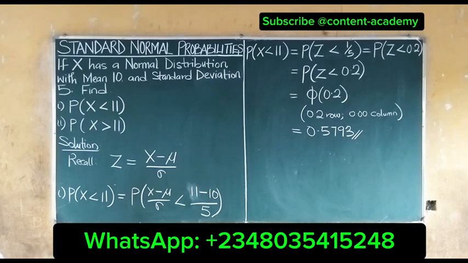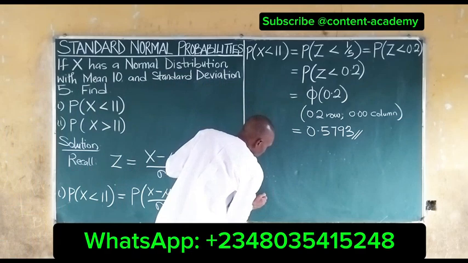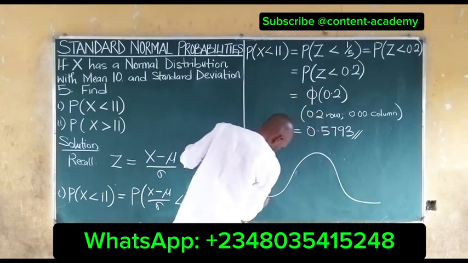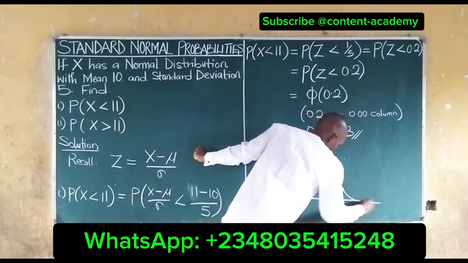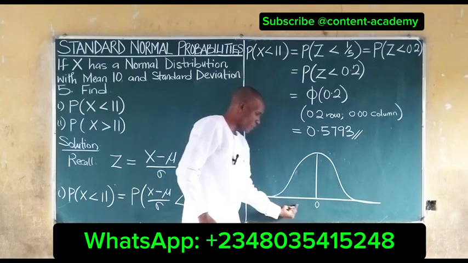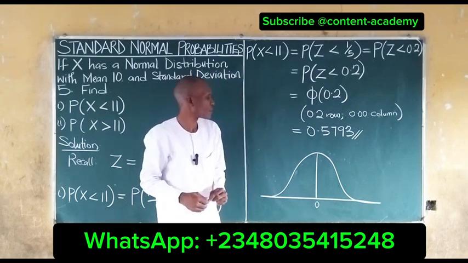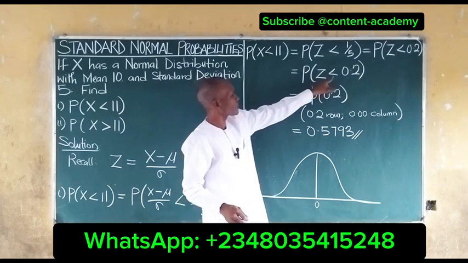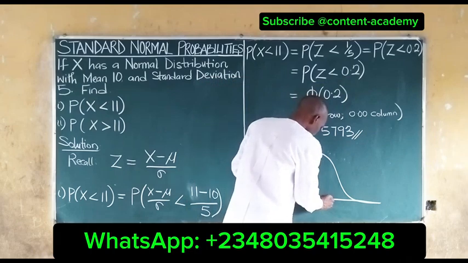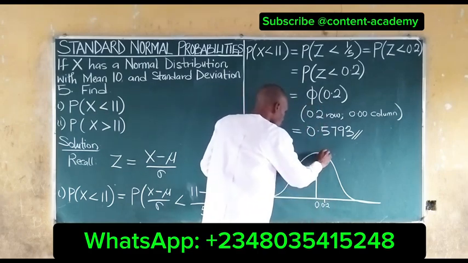Our curve can now be drawn. Of course, this is 0, the mean. The whole of this part is negative, while the whole of this part is positive. Now we have 0.2, which can be here.